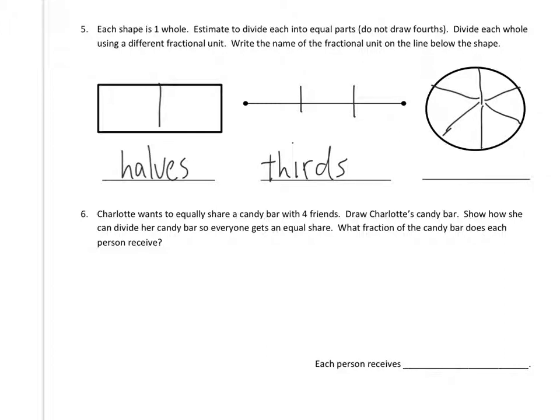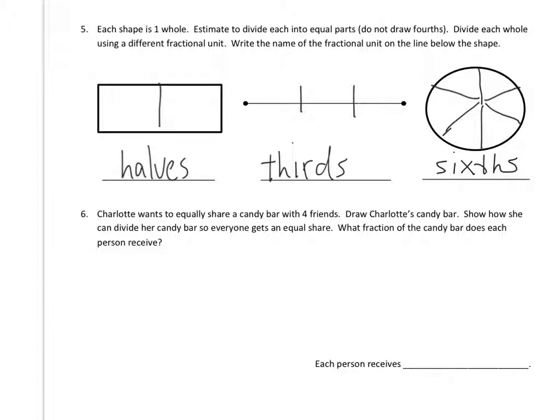Well, let's count them. We have 1, 2, 3, 4, 5, 6. We have 6 equal pieces. That makes them sixths. We have sixths in the circle.